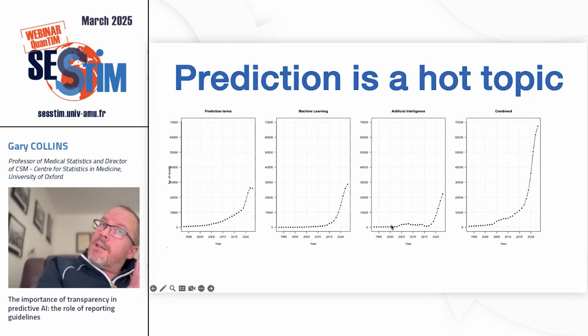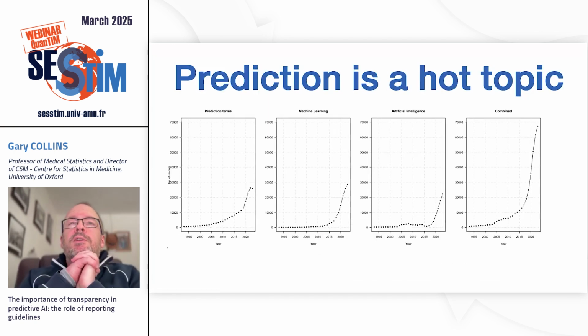So that's kind of like the build-up to the prediction side. So let's move on to prediction, and predictive AI is a hot topic. I've worked in this area since around 2006, when it was pretty much a handful of biostatisticians working in this area. Roll on to 2015, 2016, 17, boom.